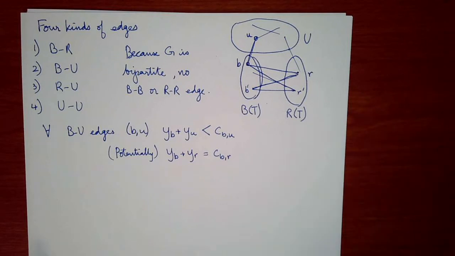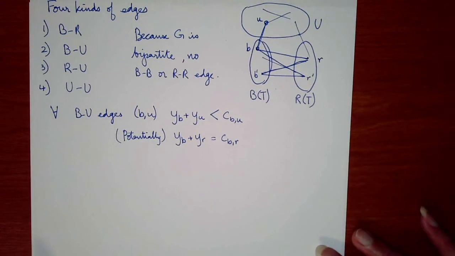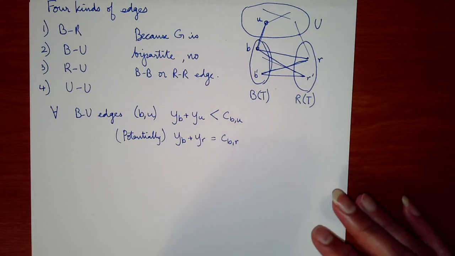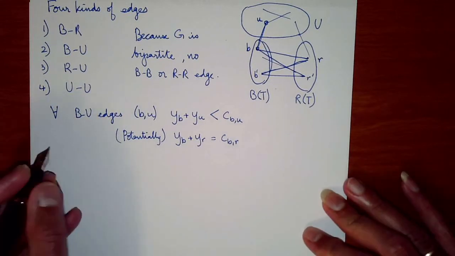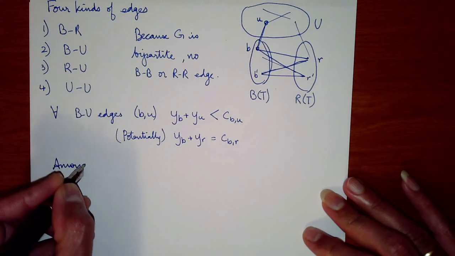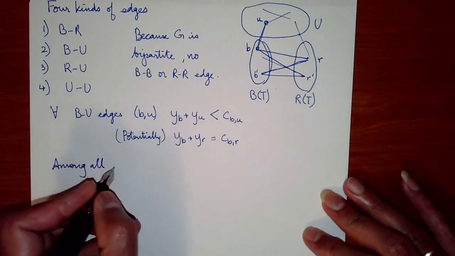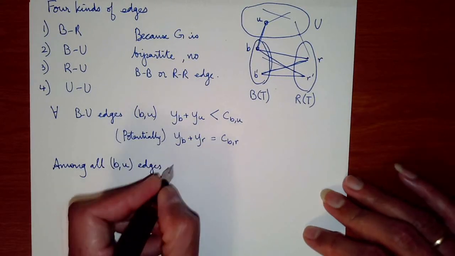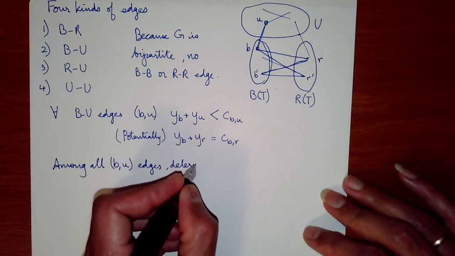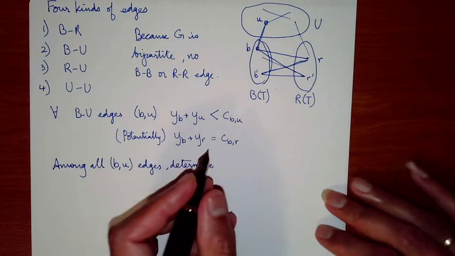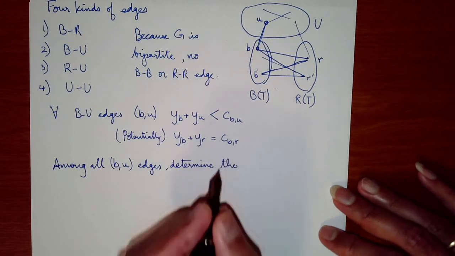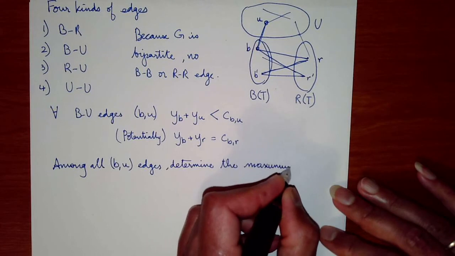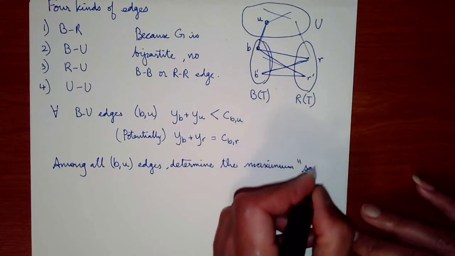So let me now write this out formally. I'll just say, among all BU edges, determine the maximum safest increase.